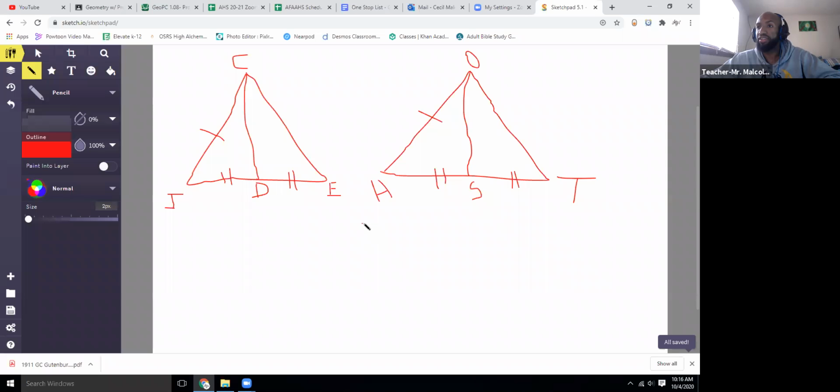If it tells you that angle I and angle H are congruent, you need to put that in. Whatever they tell you, you have to put that into your triangle. Okay? If they say that this line is perpendicular, then you need to put in your right angles to show that it is perpendicular. Okay?